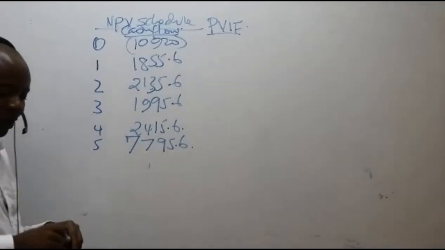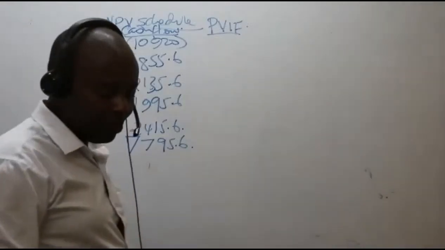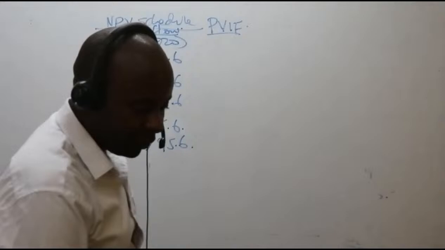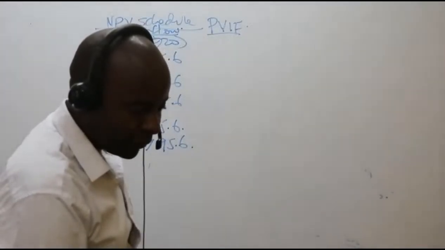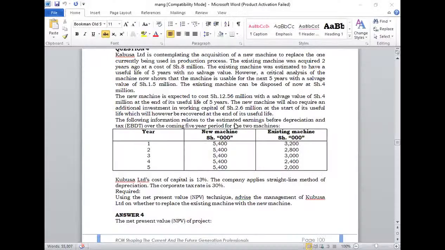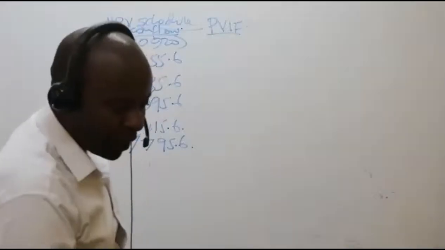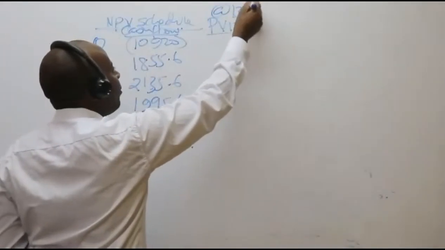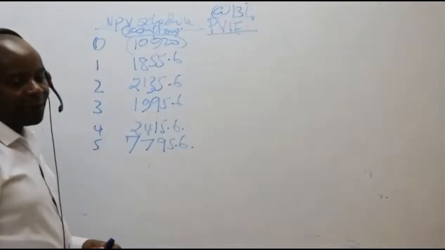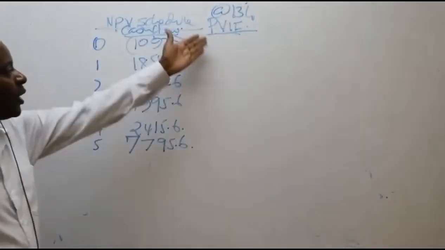For the PVF, the cost of capital is 13%. Is there anybody who has a lump sum table with 13%? Could you kindly read these figures for us?